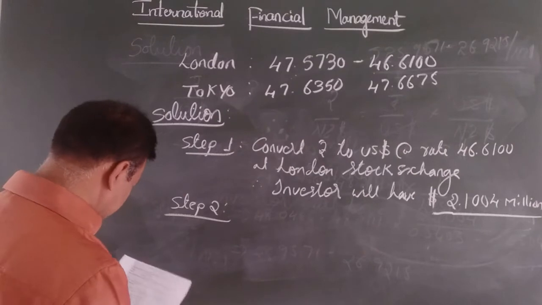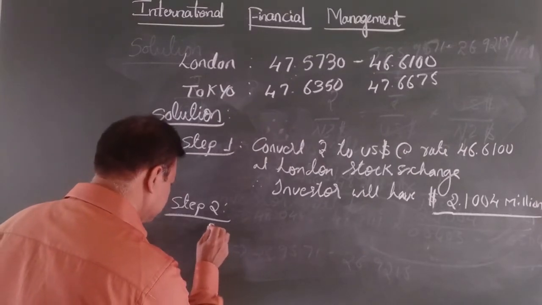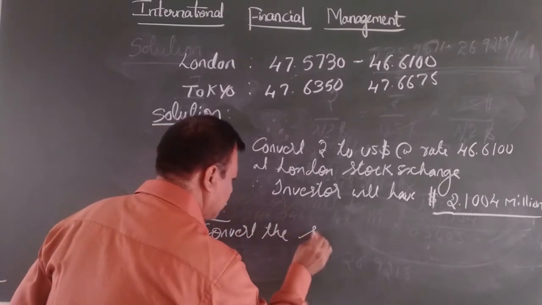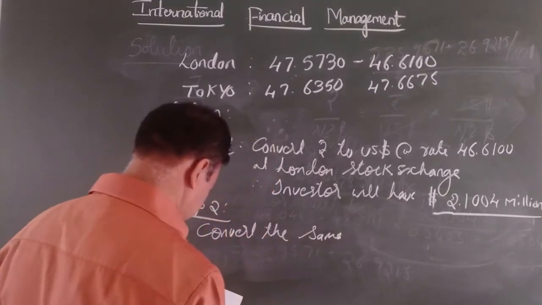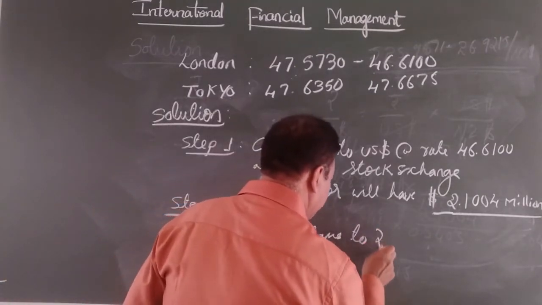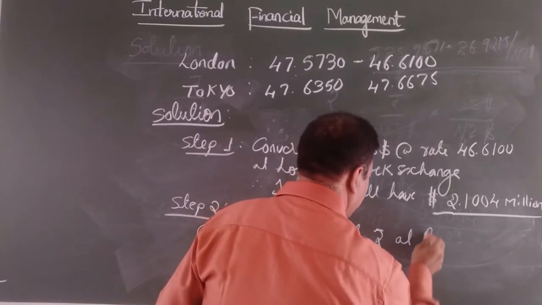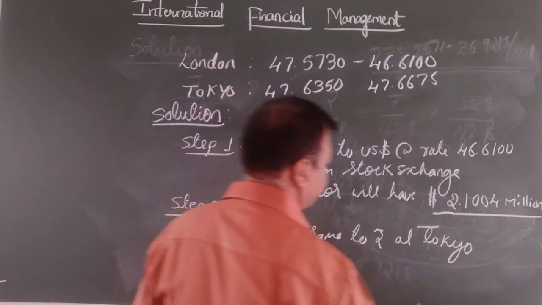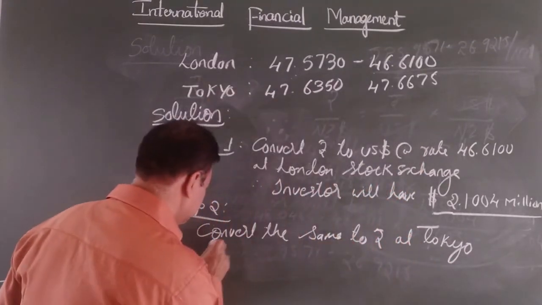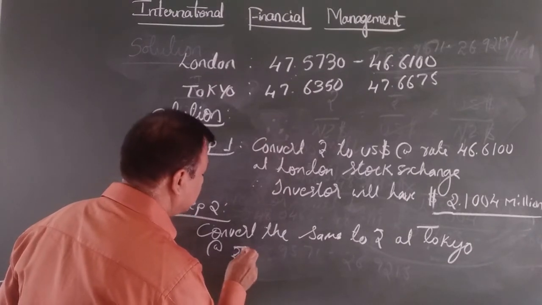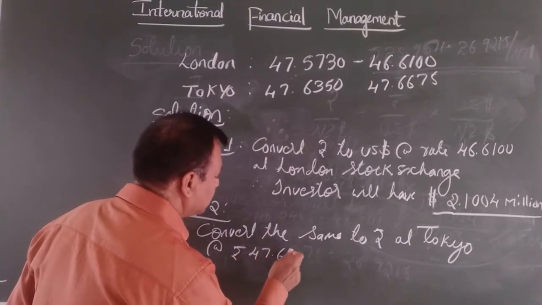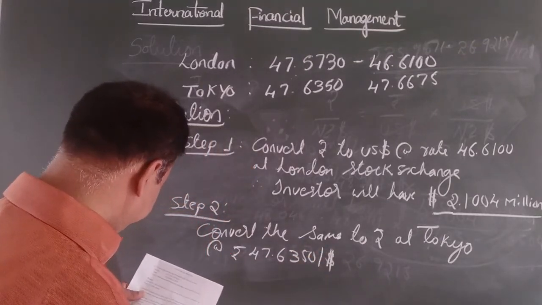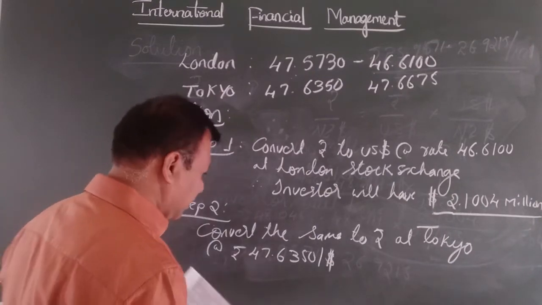Now convert the same dollars to rupees at Tokyo at the rate of 47.6350 per dollar.